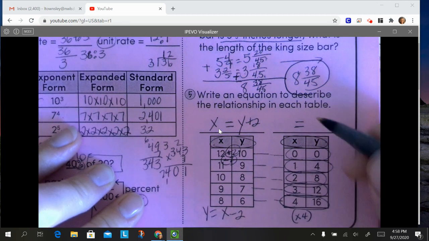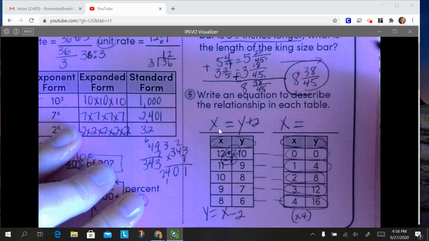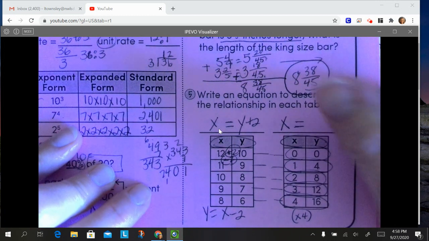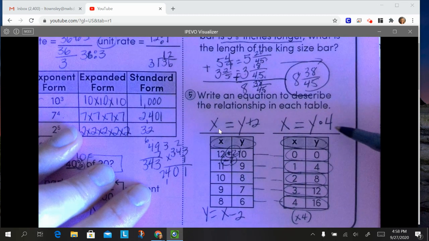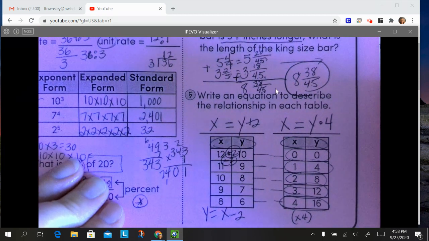All right, so let's see. If we started with X, would equal Y times 4, would that then become true for this entire column? I think we're close.